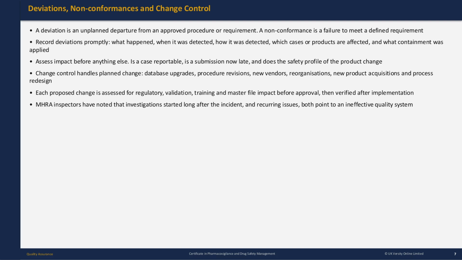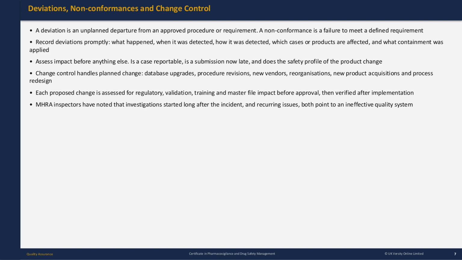Deviations, non-conformances, and change control. A deviation is an unplanned departure from an approved procedure or requirement. A non-conformance is a failure to meet a defined requirement. Record deviations promptly: what happened, when it was detected, how it was detected, which cases or products are affected, and what containment was applied.